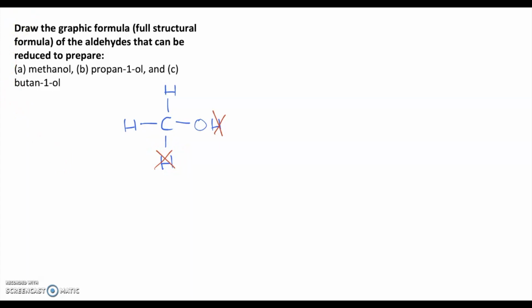So I'm just going to take away the hydrogen from this primary alcohol so I can see the aldehyde that was needed to make methanol. And if I remove the hydrogen from my primary alcohol, I'm left with this aldehyde, which is HC double bond OH, and this aldehyde is called methanal.